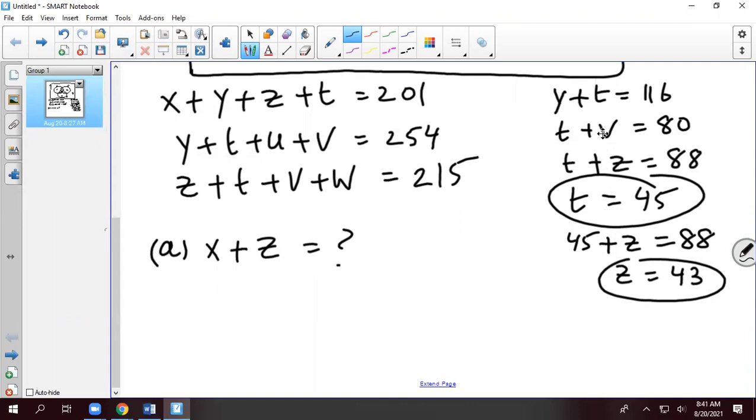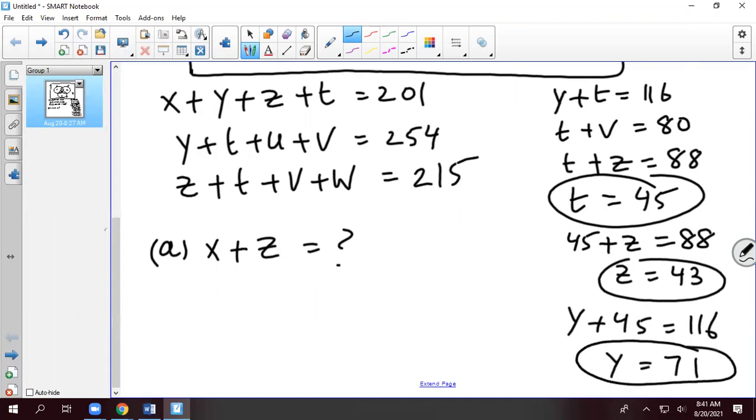The next thing we can find is Y from this equation: Y plus T is 116, so Y plus 45 equals 116, which gives Y equals 116 minus 45, which is 71. So now I have T, Z, and Y.